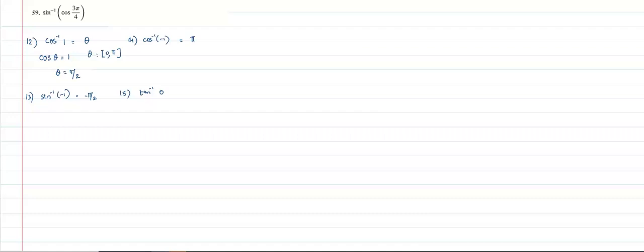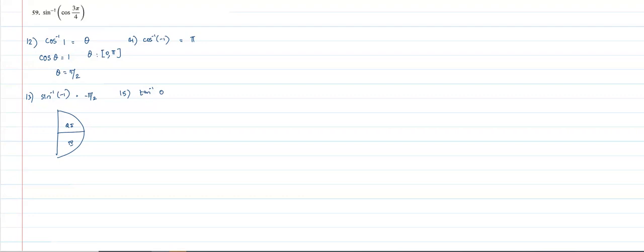-pi/2. As you're answering the sine inverse questions, keep in mind that we are looking at these two quadrants, quadrant 1 and 4. And sine is an odd function, so basically there is a reflection about the x-axis.